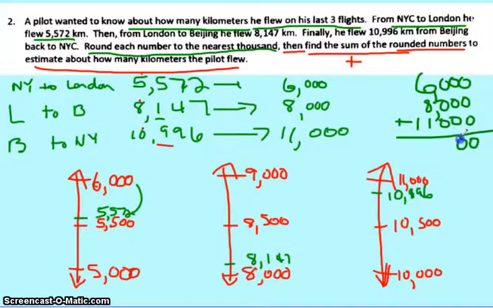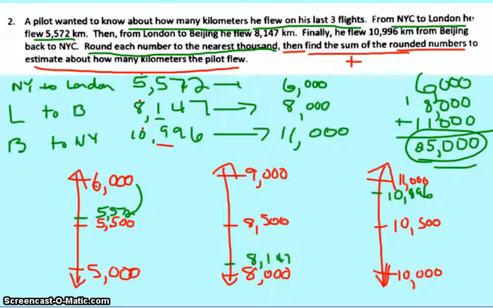So if I add each place value, those are all zeros. 6 plus 8 plus 1, that's 14, that's 15, which gives us another 10,000, so 25,000. So the sum of all his 3 flights is 25,000 kilometers.